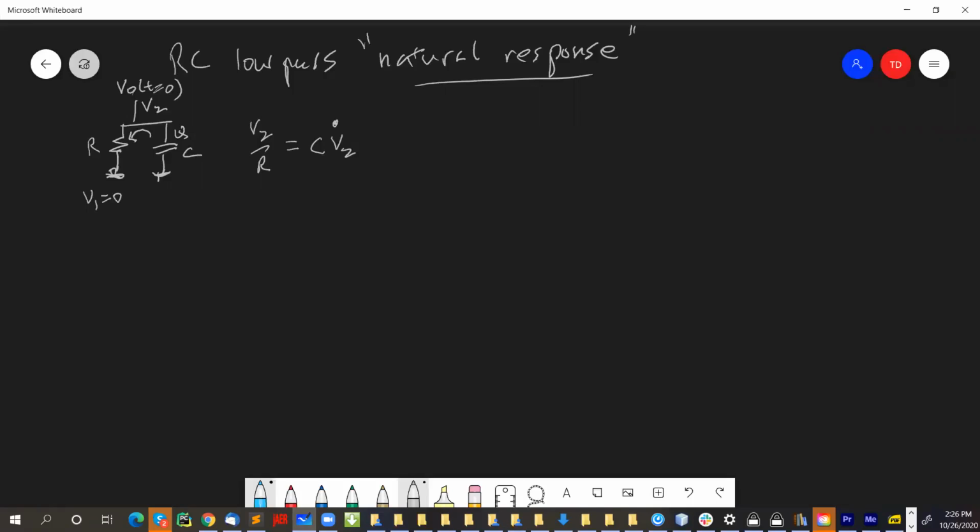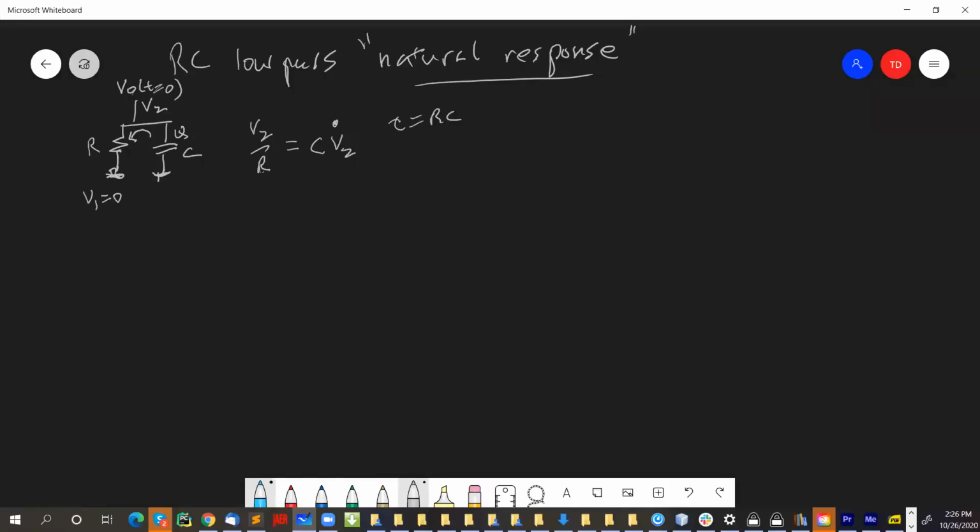And so now we can put it in a more familiar form, right? We'll multiply by R on both sides. And we'll say that tau equals RC, which has units of time, right? The way you can see it has units of time is that if I take R times C times V2 dot, I have to end up with a voltage.